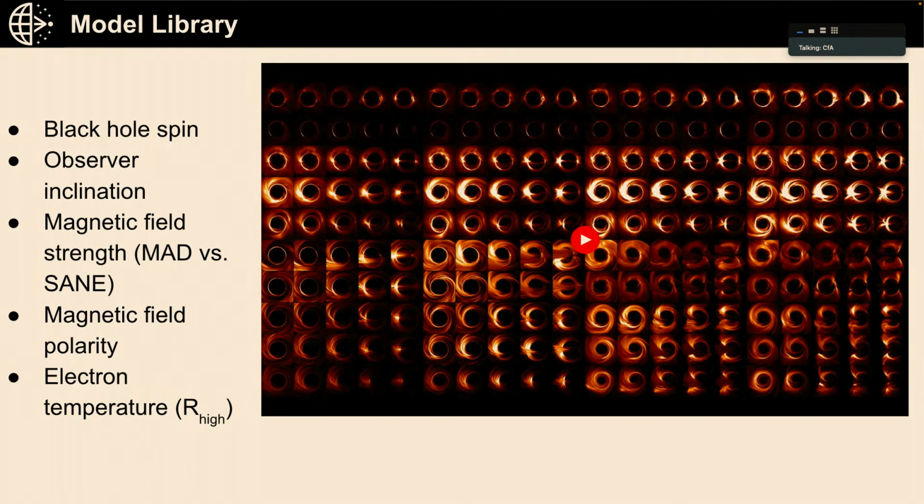We sample two different classes of simulations which have to do with how strong and dynamically important the magnetic field is. So if you seed your simulation with a strong magnetic field, you end up in this MAD state where the pressure of the magnetic field is pretty comparable to the pressure of the gas in the accretion flow.